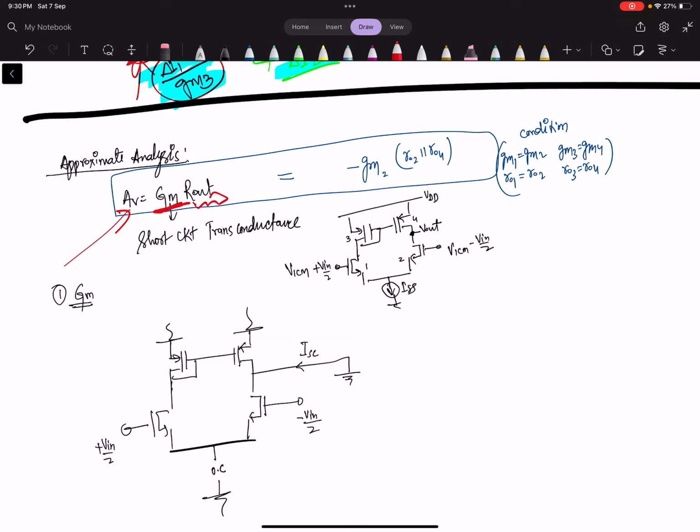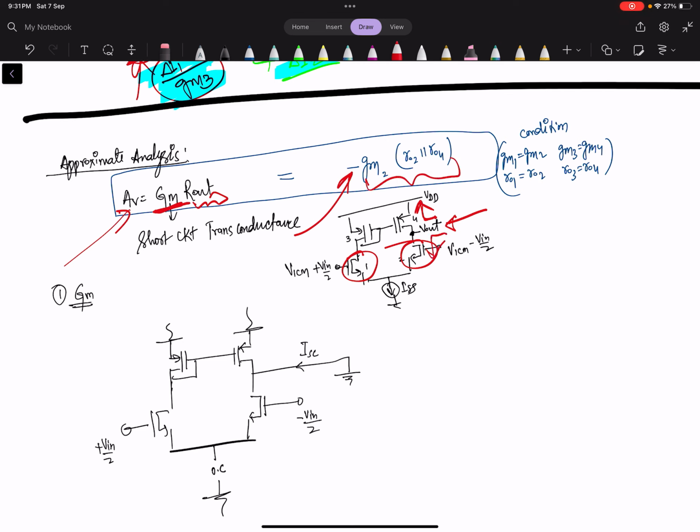Here in this circuit, finally, the voltage gain will be the negative of GM2 multiplied by R equivalent from this point, which will be R04 parallel R02.